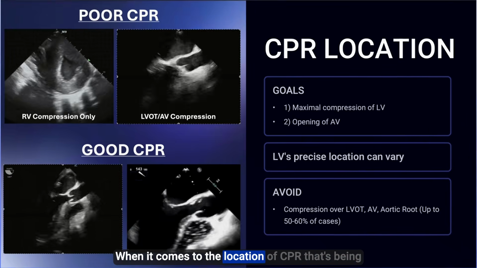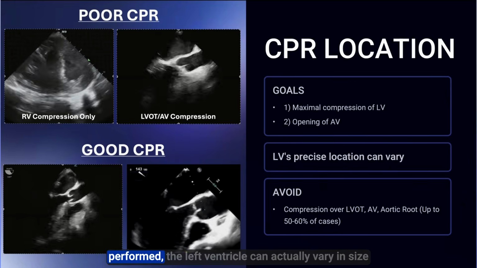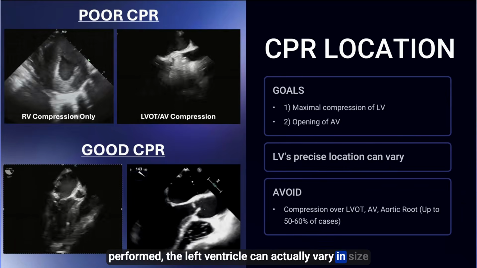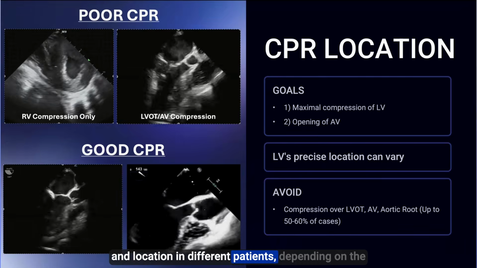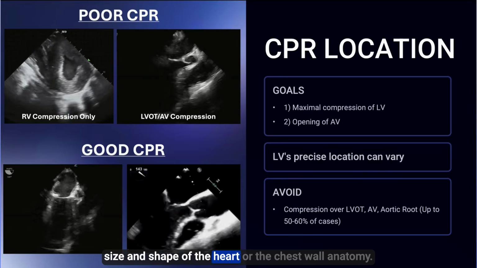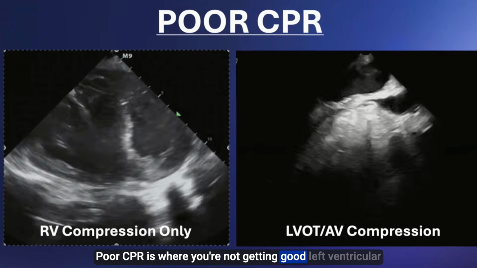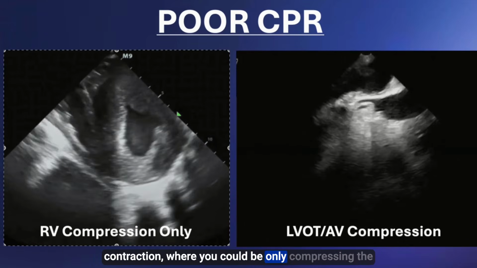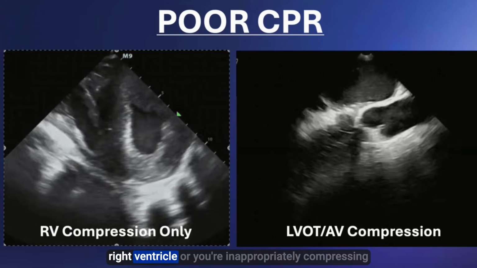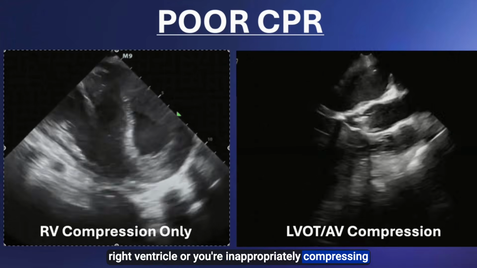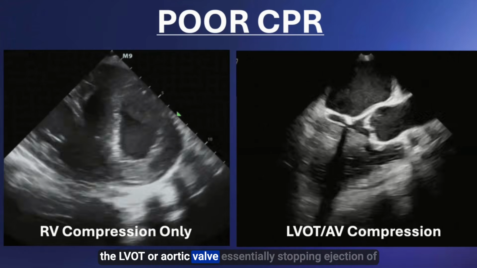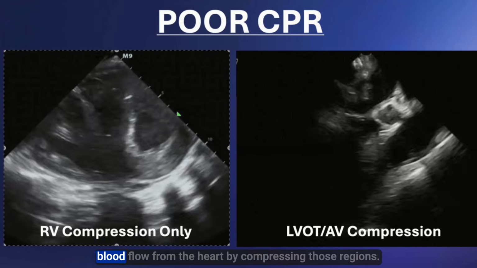When it comes to the location of CPR that's being performed, the left ventricle can actually vary in size and location in different patients, depending on the size and shape of the heart or the chest wall anatomy. Poor CPR is where you're not getting good left ventricular contraction, where you could be only compressing the right ventricle, or you're inappropriately compressing the LVOT or aortic valve, essentially stopping ejection of blood flow from the heart.